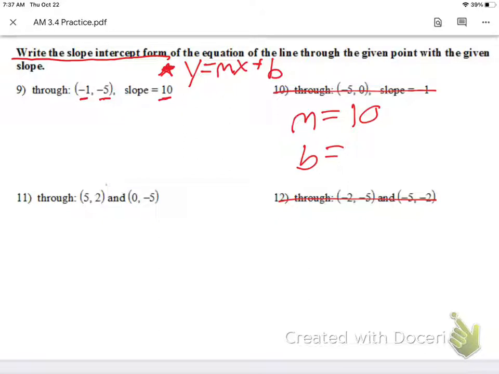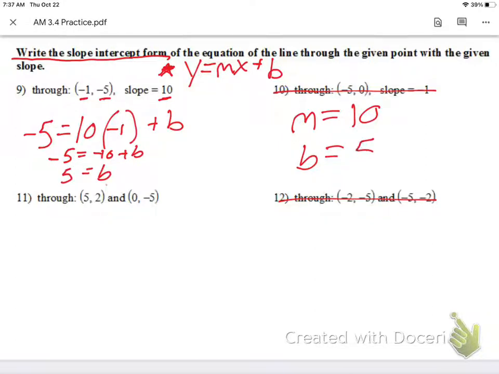So my y is going to be -5 is equal to my slope, which is m, it's going to be 10, and then x is going to be -1 plus b, and then we just solve from there. So -5 is going to be equal to -10 plus b. I'm going to add 10 to each side, so I'm going to get b is equal to 5.